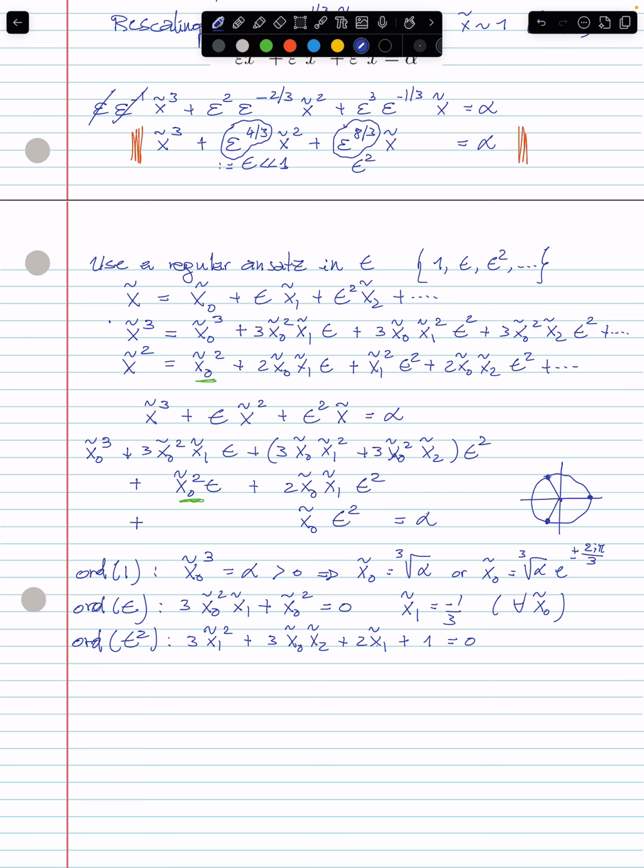And this means that we have here 1/3 squared multiplied by 3. This is 1/3. And then this is minus 2/3. And this is plus 3/3. So that's 4 minus 2, 2/3. So we have 3 times x0 x2 is equal to minus 2/3.